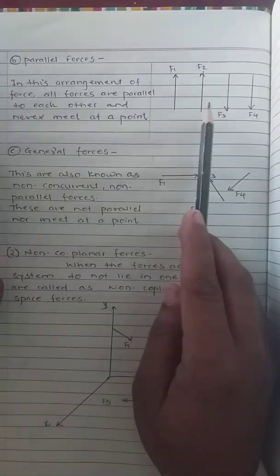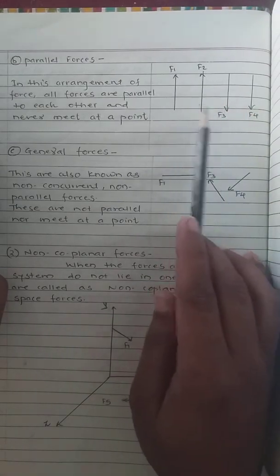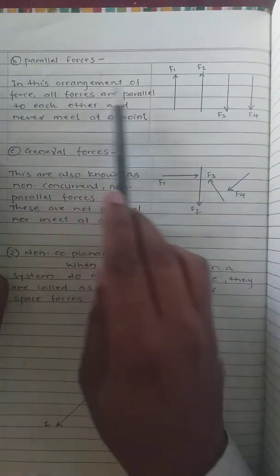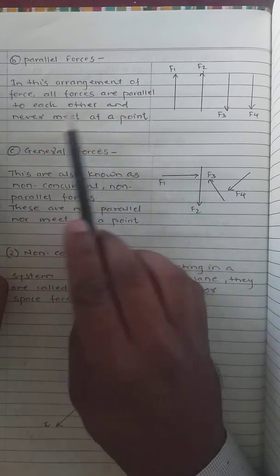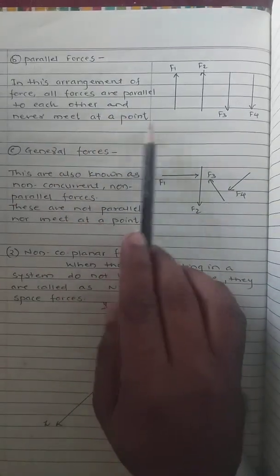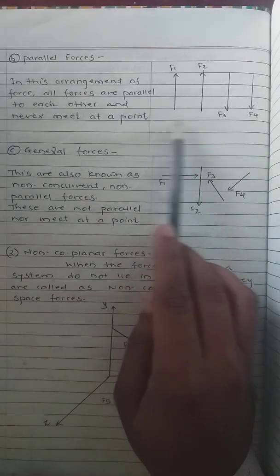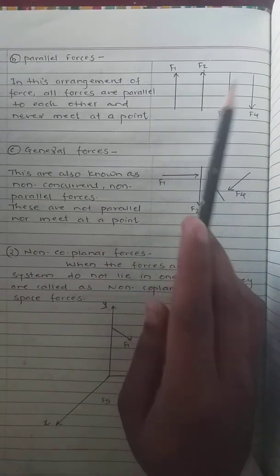These four forces will never meet at one particular point. So these are not a concurrent force system, these are exactly a parallel force system. In this arrangement, all the forces are exactly parallel to each other and never meet at one particular point. So F1, F2, F3 and F4 are called a parallel force system or parallel forces.